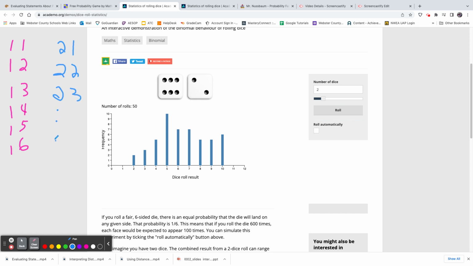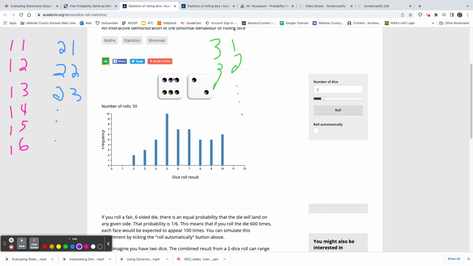I'm not going to write them all down because it'd take a while. Then the first die could be a 3, and the second could go 1, 2, 3, 4, 5, 6. If I listed all of these out, what's the short way to figure out how many there would be? You're looking at how many outcomes are on the very first die.